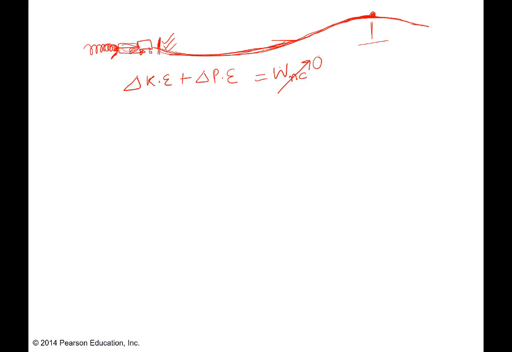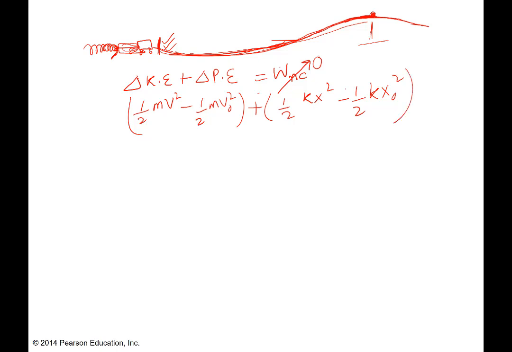Gravitational potential energy is not to be found here. We are assuming that's not there, so we will use the elastic potential energy of the spring only. So 1/2 mv squared minus 1/2 m v naught squared plus the elastic potential energy of the spring, which is 1/2 kx squared minus 1/2 k x naught squared.